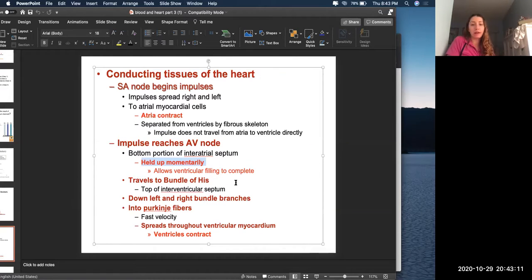It stops the impulse from going super fast to the bundle of His, down the bundle branches, into the Purkinje fibers, because if that happened in an instant, the ventricles wouldn't be done filling.